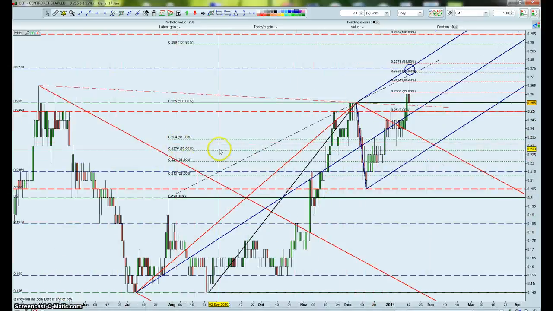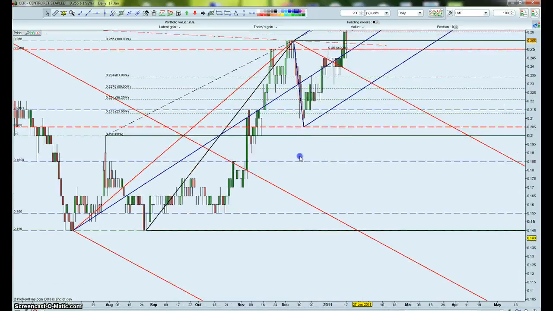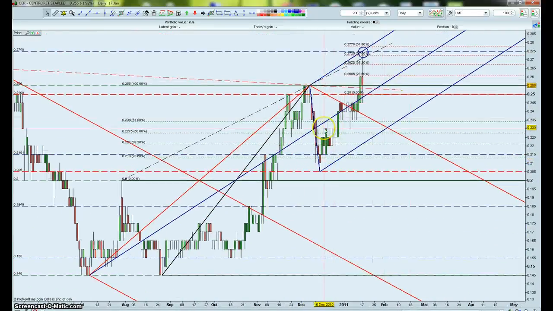You've got a median line, and as we discussed before, you're trying to capture a median line, and then you've got two parallels on either side, and you're trying to capture the price action within these lines.